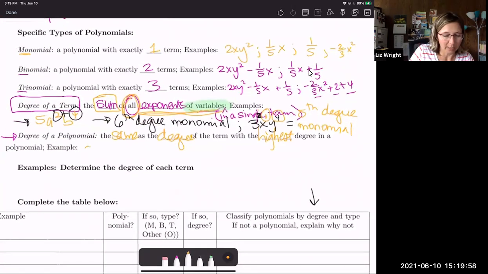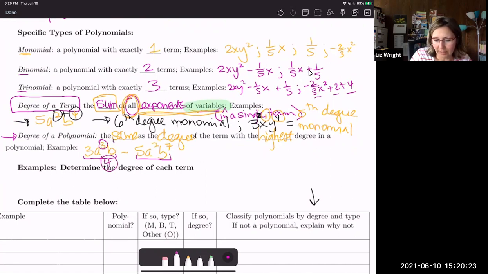So for example, we have got, let's try this. We've got 3a cubed b minus 5a squared b to the seventh. So we are comparing the degree of this term to the degree of this term and which one has the highest degree. So 3 plus 1, that's 4.